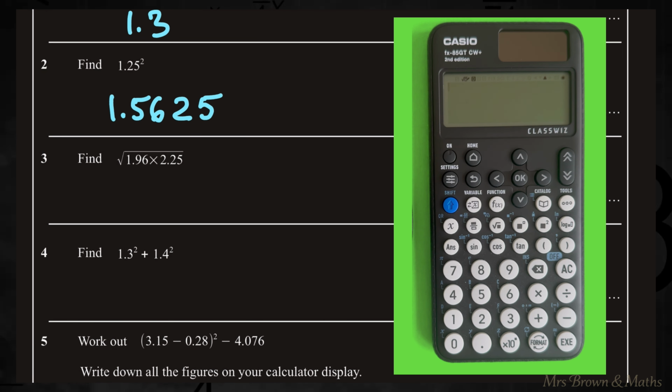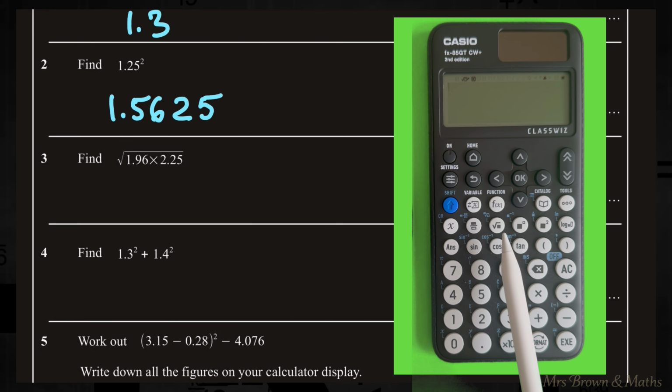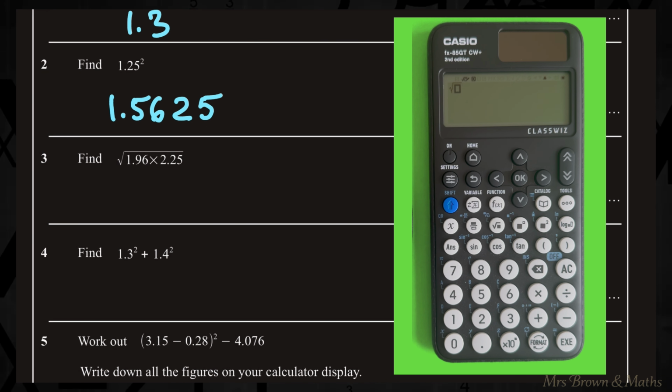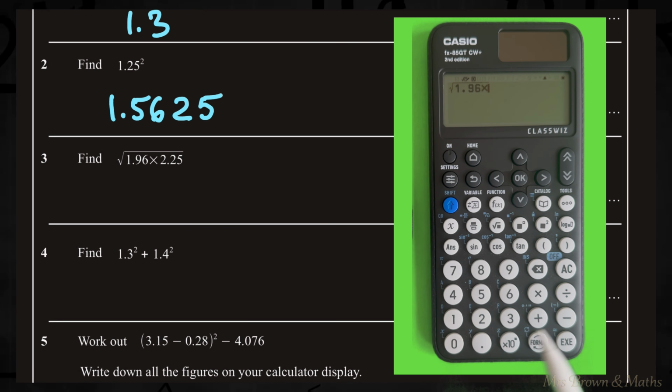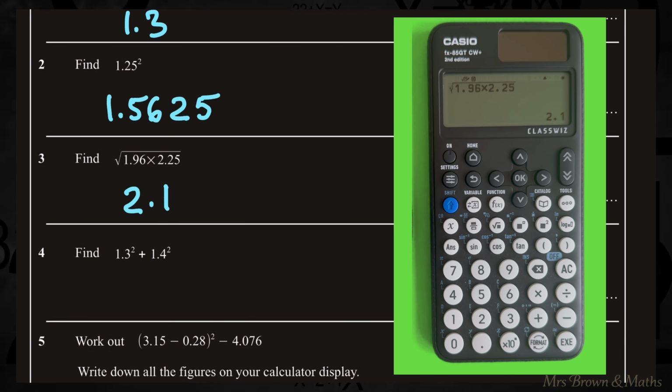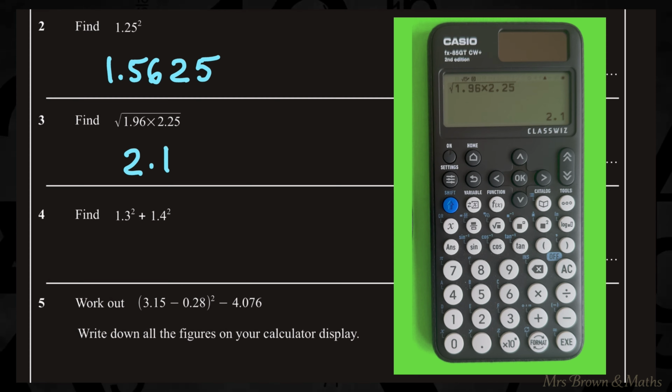Question 3. Square root 1.96 times 2.25 equals, format, 2.1. Final answer.